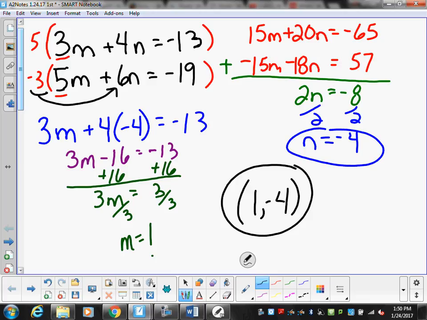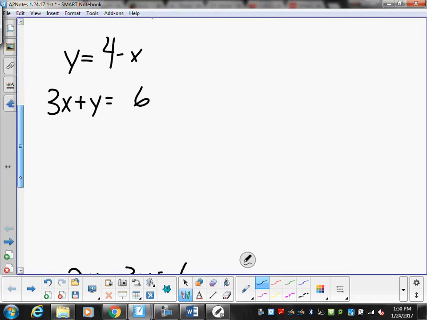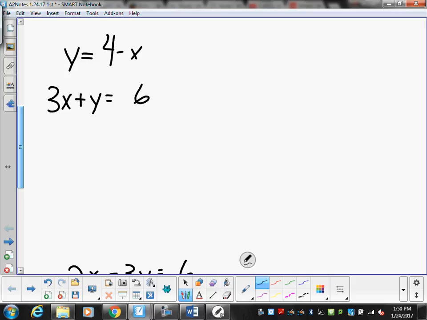Alright, so here's my next one. Okay, so y'all looking up there, what's different about this one? We're solving using elimination. They already kind of give you what y is.